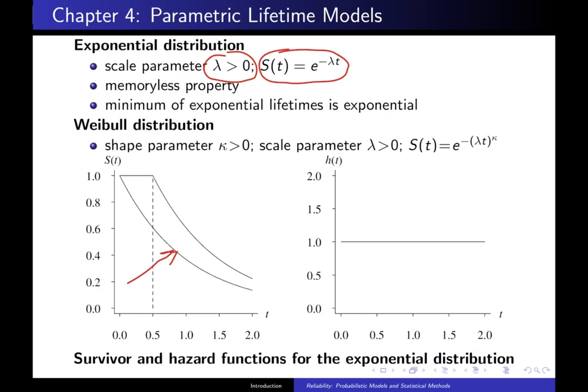If this product is still working at time 0.5, you can get something known as a conditional survivor function, and that's this function right here.